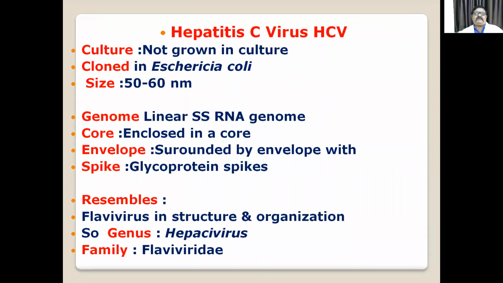So, culture not grown outside, cloned with Escherichia coli, 50 to 60 nanometer size, and single stranded RNA linear genome, enclosed in a core, surrounded by envelope with glycoprotein spikes, just like the COVID, you have spikes here also. And it resembles flavivirus in structure and organization. So, the genus is Hepatitis C virus, family Flaviviridae.